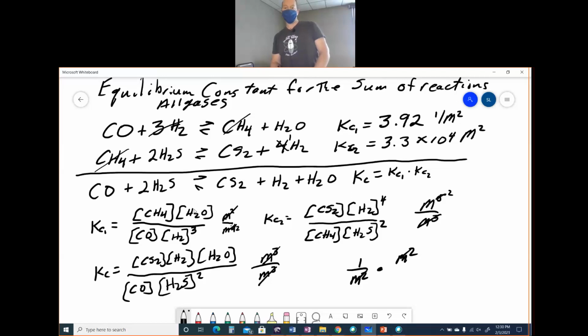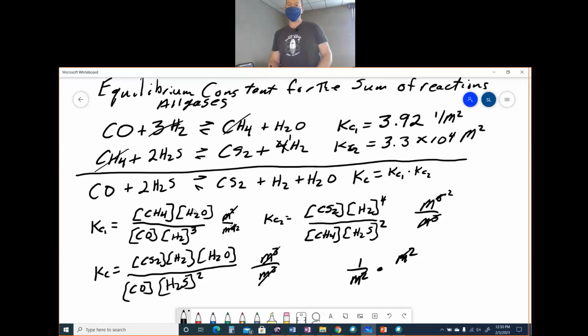You also see that your hydrogen to the third would cancel out completely, and you would be left with hydrogen to the first in the numerator. So when you multiply those two expressions, this is the expression that you will get. If you forget that you multiply your K values, you can figure it out mathematically by multiplying your two expressions and getting the overall expression. Therefore, you multiply the K values.